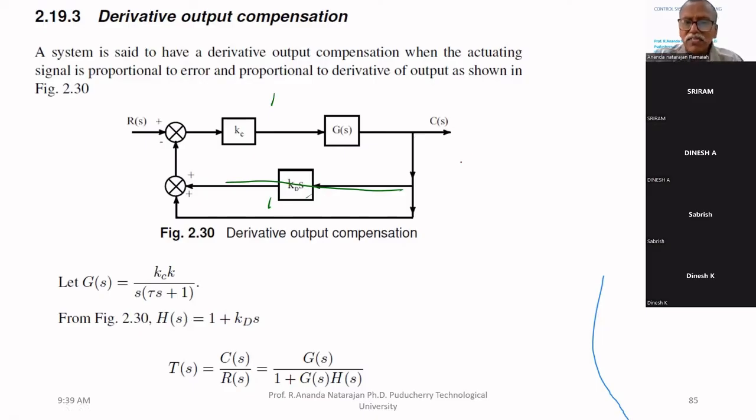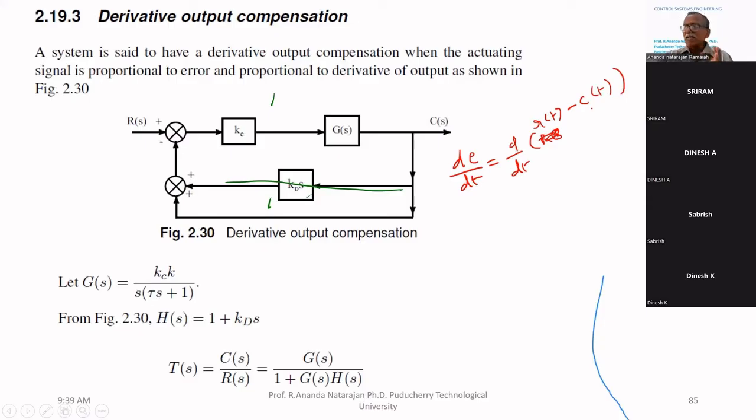Because what is d by dt? d by dt of e(t) can be written as d by dt of r(t) minus c(t). Can I write like that? Because e(t) is nothing but r(t) minus c(t).